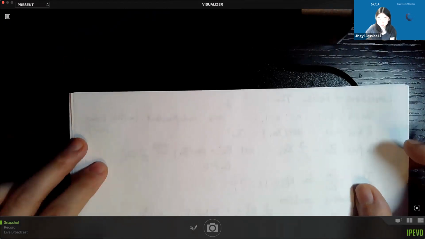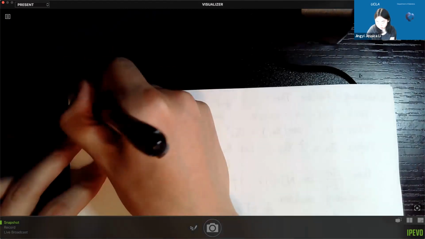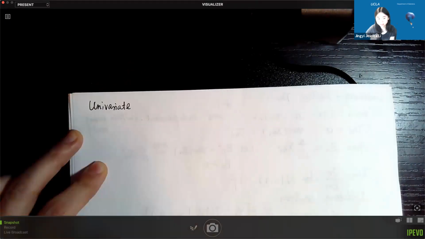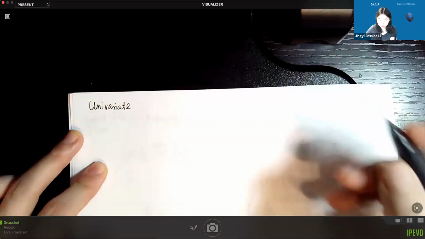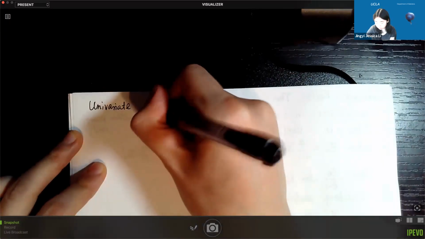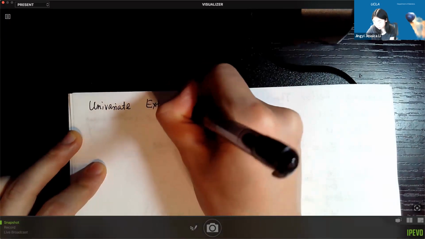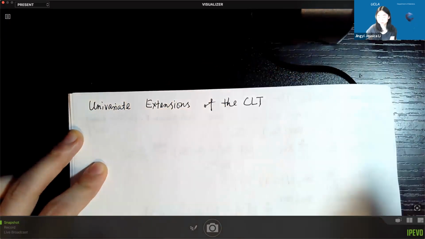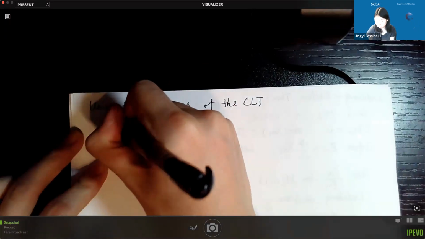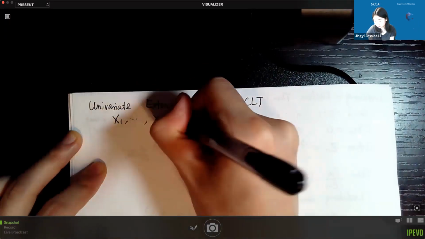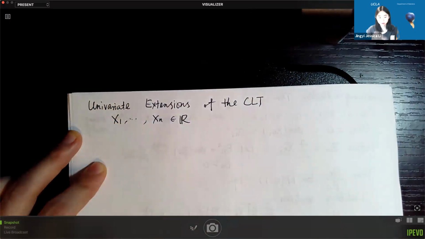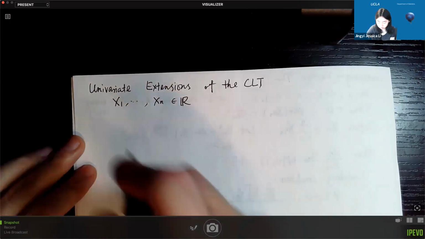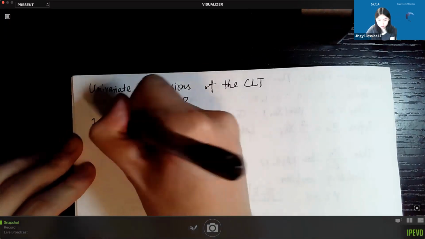But please note that all the discussion here is about random variables that are one-dimensional. This is called the univariate extensions of the CLT. So don't worry about vectors here; x1 to xn are one-dimensional. And the first thing we're going to talk about is the Berry-Esseen theorem.